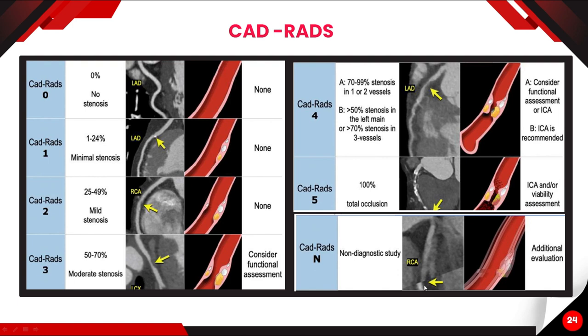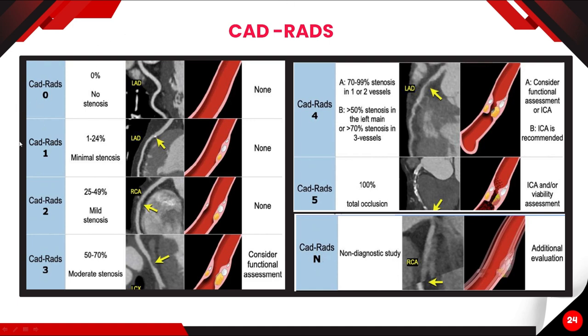When there are stepping artifacts or movement artifacts due to respiration, we can't evaluate the coronary arteries and cannot comment on coronary artery disease. Then it is categorized as a non-diagnostic study, CAD-RADS N.